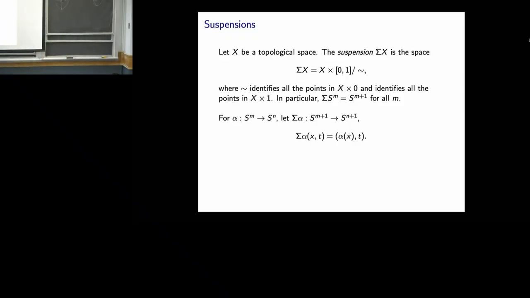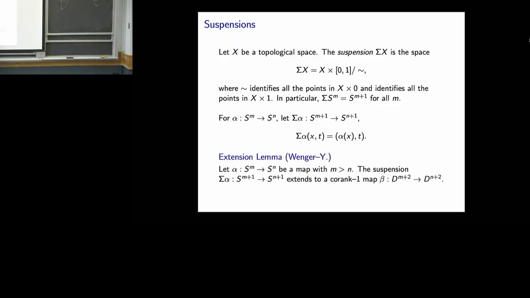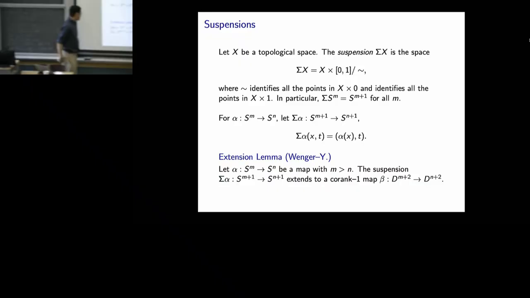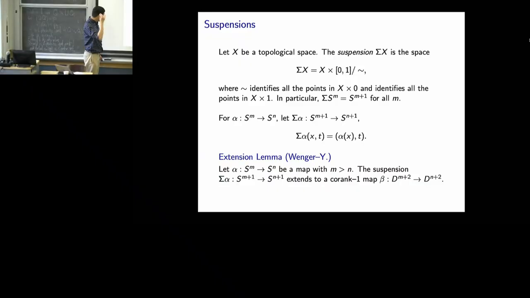So we want to show this extension result, that if you have a map alpha between two spheres where the domain has bigger dimension than the target, then the suspension extends to a co-rank 1 map, one of these weird self-similar maps. So how do we do this? Let me do this on this board.